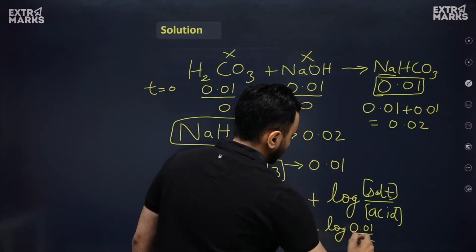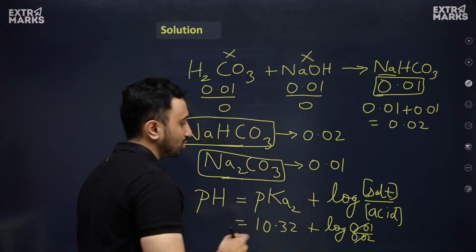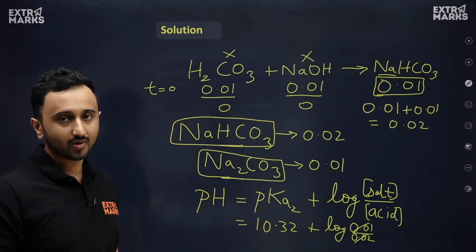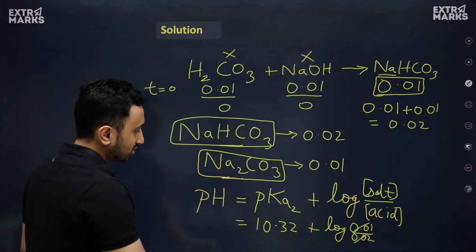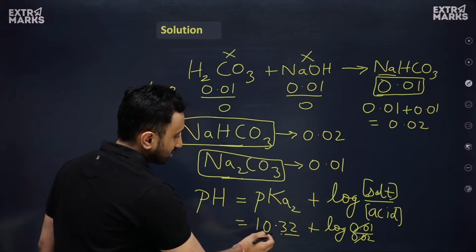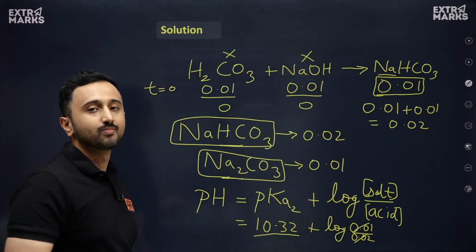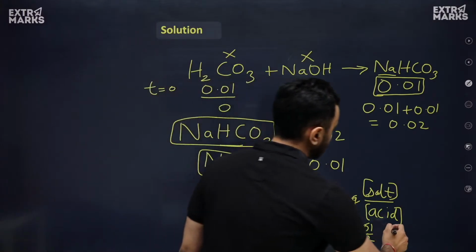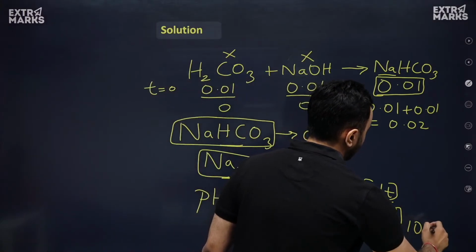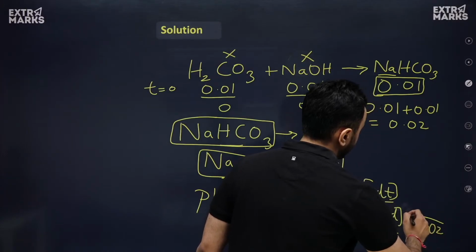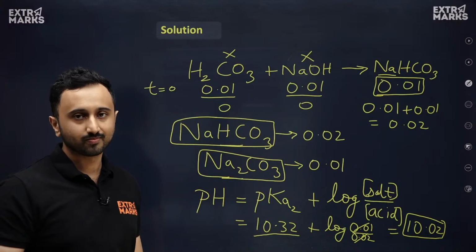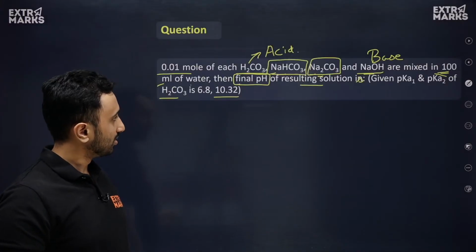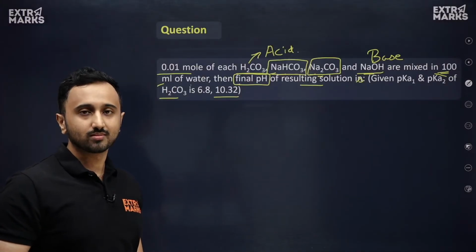On calculation, this will give you minus log 2, which is minus 0.3. When you subtract 0.3 from 10.32, the final answer would be 10.02. This will be the correct answer to this question, right? I hope this question is clear to you.